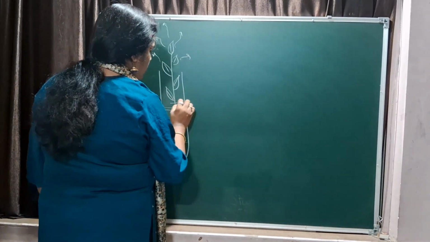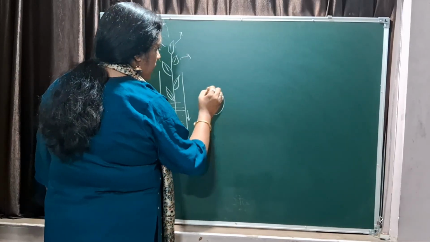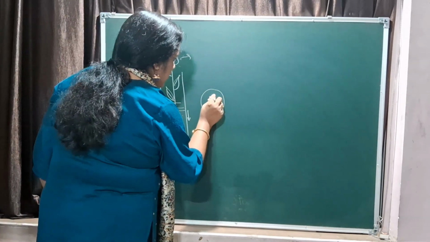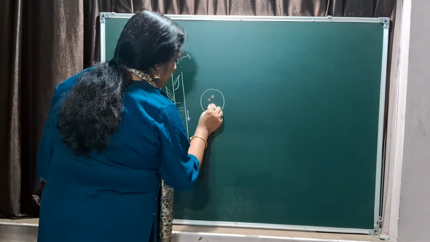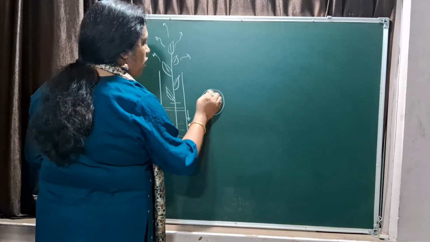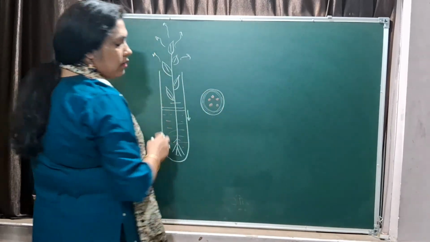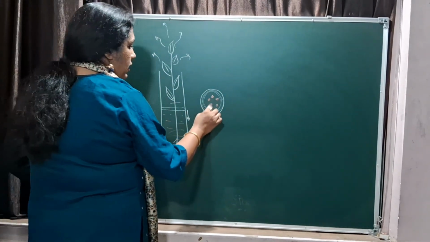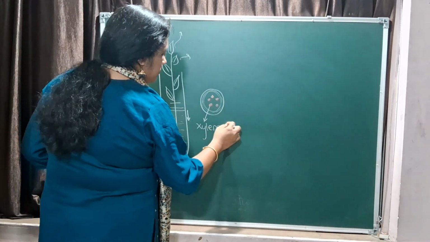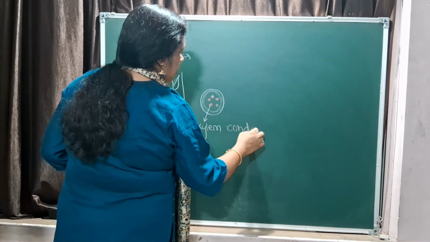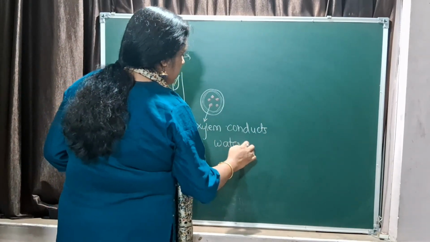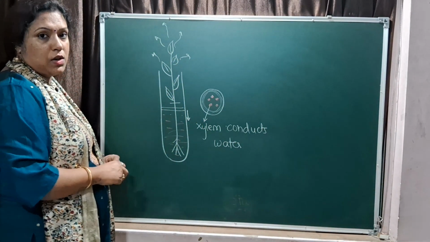When you take the transverse section of the stem, you realize that there is only one segment of cells which is actually pink. Rest all things remain white or of their own color. This shows that the xylem conducts water, and since xylem conducts water, it has taken up the stain of the colored water.